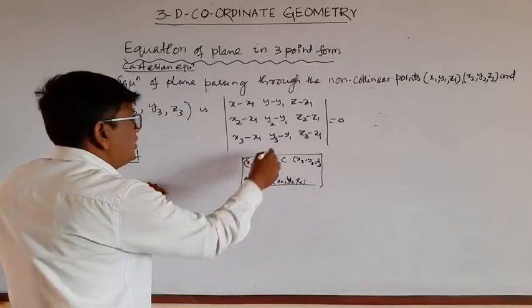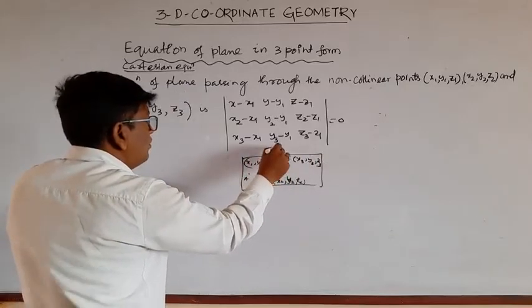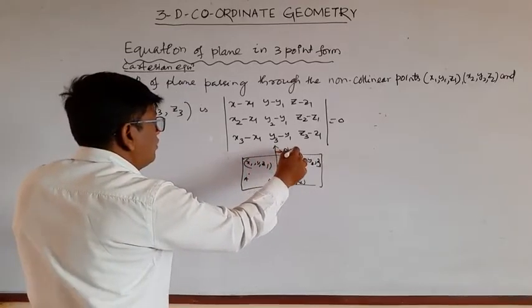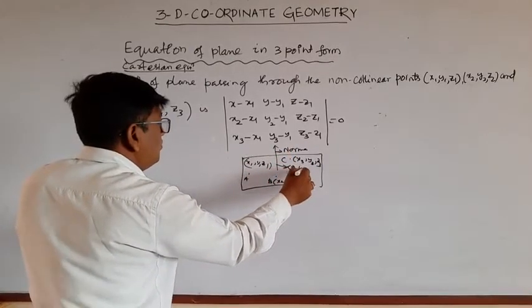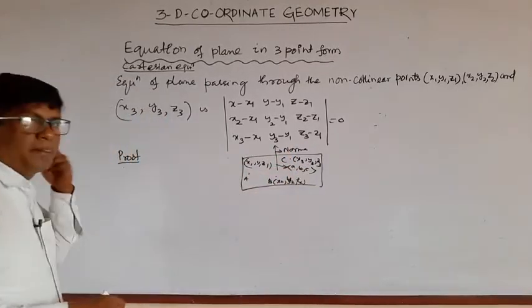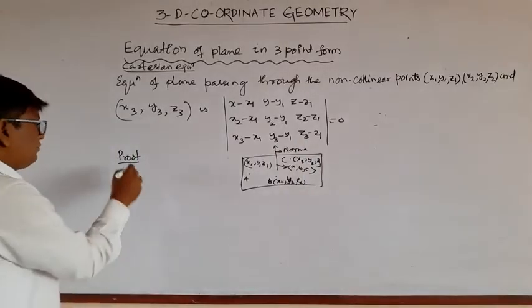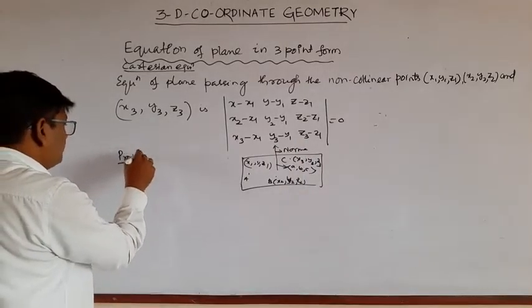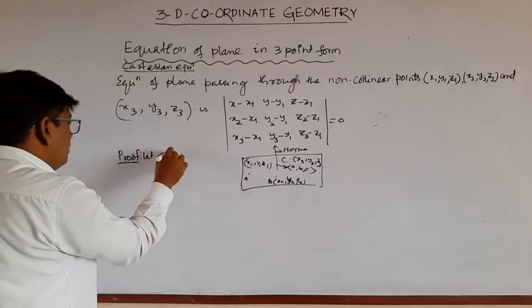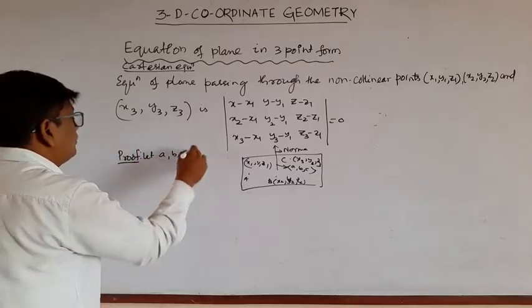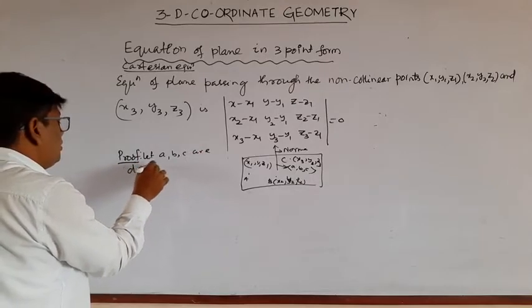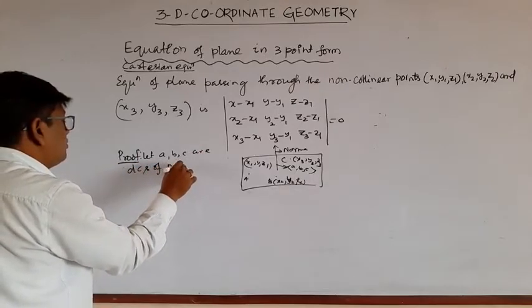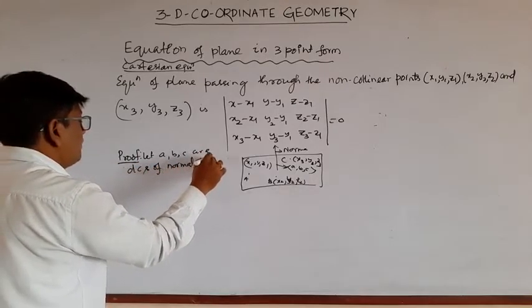And this is the normal to the plane, whose direction ratios are A, B, C. Let A, B, C be the direction ratios of the normal to the plane.